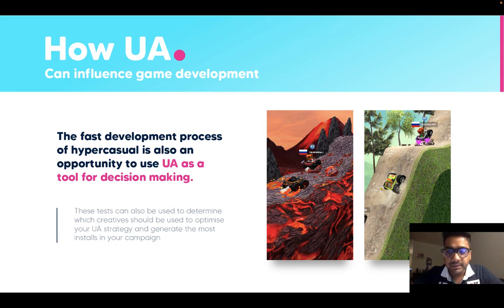During the game development stage, we were faced with the difficult choice of what works best between the lava environment, that's the picture on the left side of the slide, and the grass environment, which is the right picture as you can see.